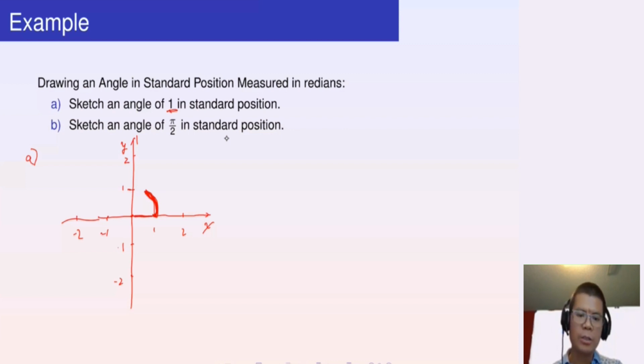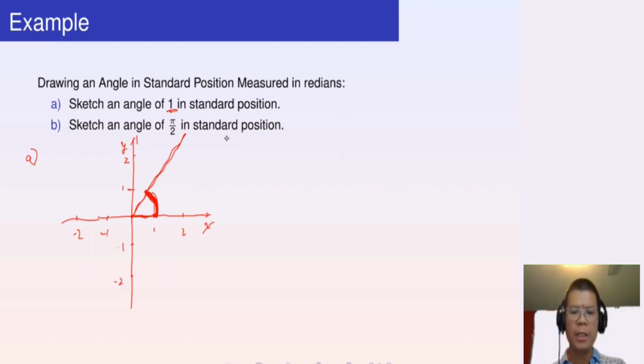Then you can just connect it. We just sketch it approximately. So this is going to be an angle of 1. You determine the location of the terminal side by measuring this length of 1, since the radius is 1. We got that.